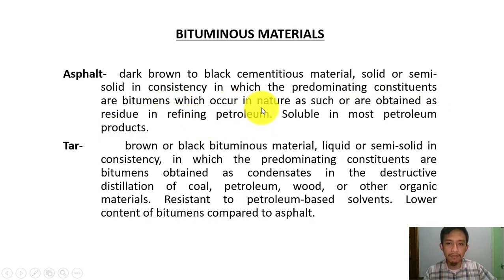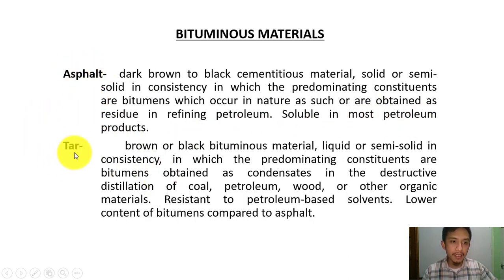So that is of course from petroleum products. It is a leftover of the refinery in refining your petroleum products. Therefore this is soluble in most petroleum products. So our solvent here for asphalt is petroleum products.